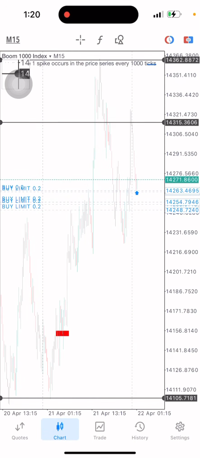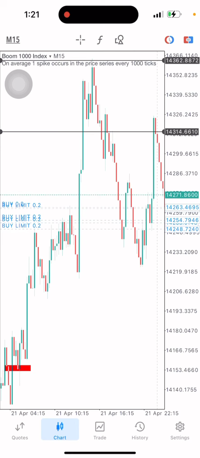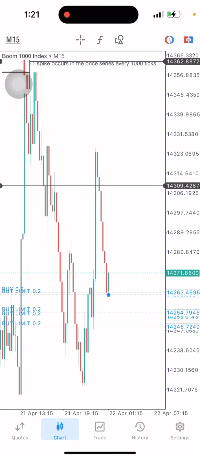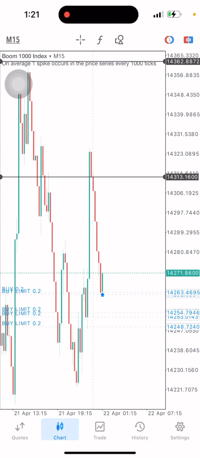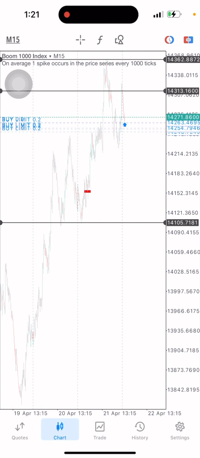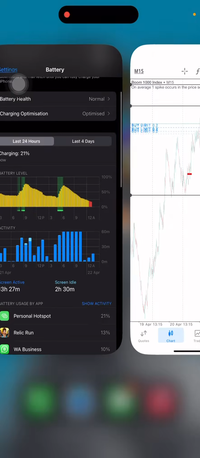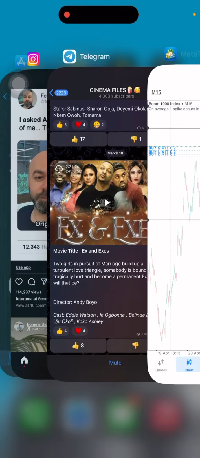The close of the previous day is right around this point. So that is it. Now you're going to note these 3 points very carefully, and then you're going to calculate them using your calculator.